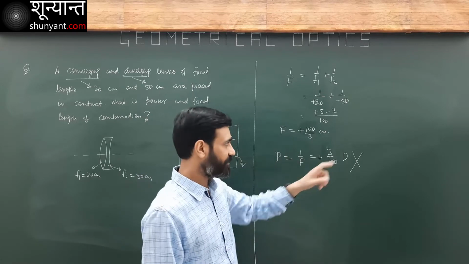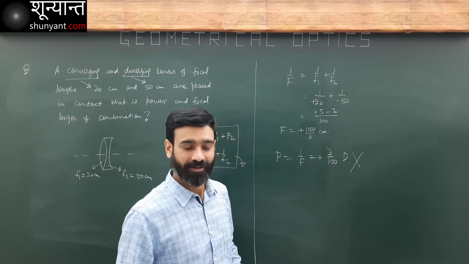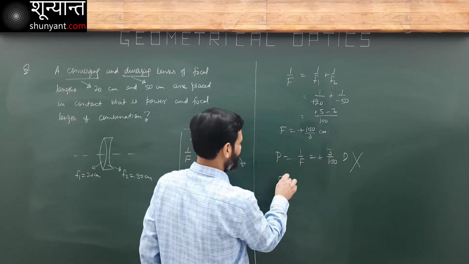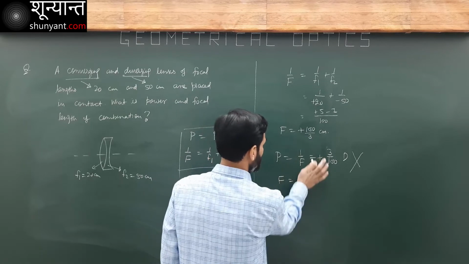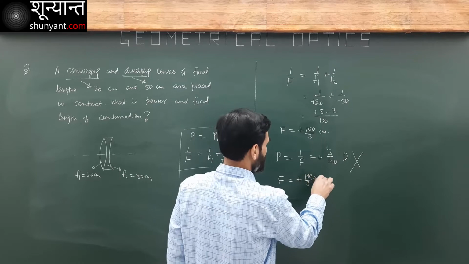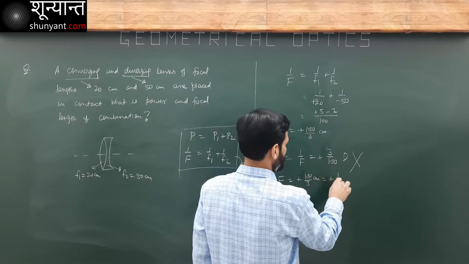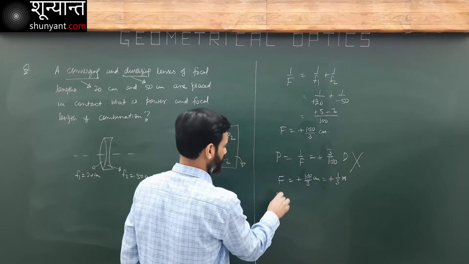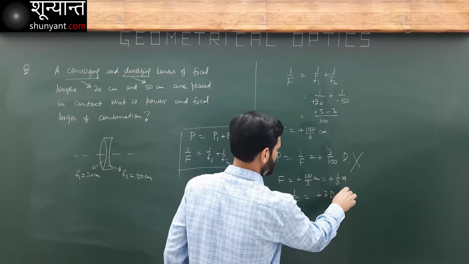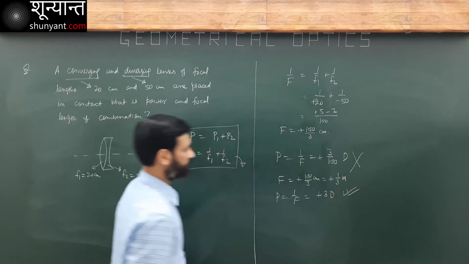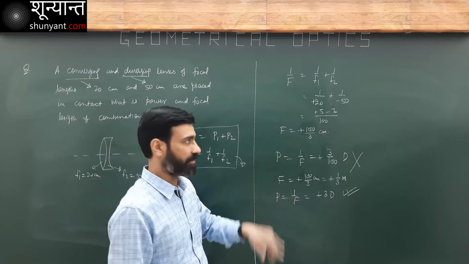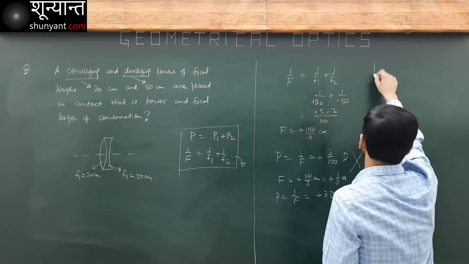This is the most common and the most silly mistake that you have to avoid. So f is plus 100 over 3 centimeter, which becomes plus 1 over 3 meter. Then power is 1 over f, which becomes plus 3 diopter. Now this is right. This is the focal length of combination and this is the power of combination.